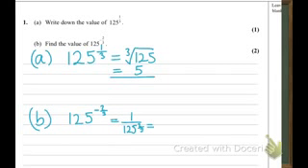Well, this is equal to 1 over the cube root of 125, then squared. And the cube root of 125 is 5. I've got that right this time. And then if we square 5, we get 25. So we get 1 over 25 as our answer.